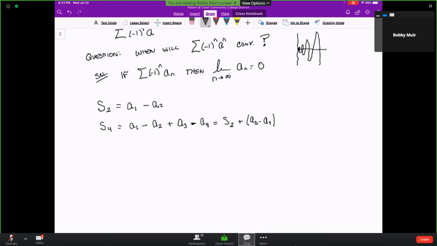So what Leibniz must have realized is that if A3 is smaller than A4, i.e., if the sequence a sub n, wait, I have this backwards.